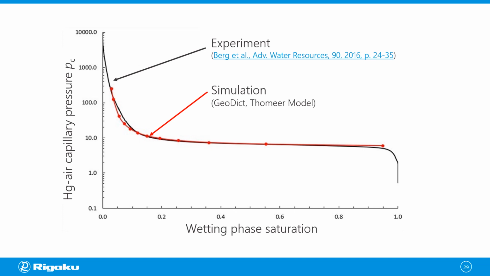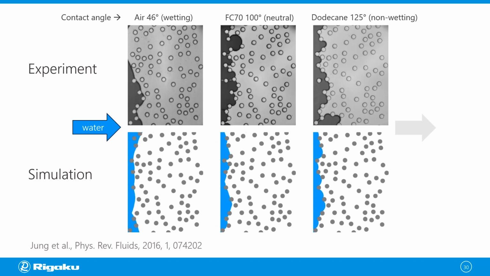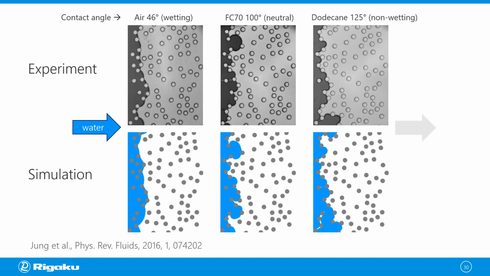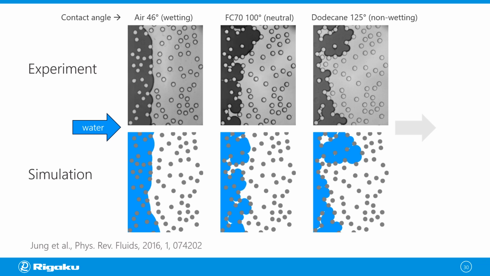Another comparison I want to show you is this one. So this is not just, you can run the simulation for wetting phase or neutral phase or non-wetting phase and look at the actual experiment shown at the top and the simulation at the bottom and see that the simulation is simulating the actual event very, very well.